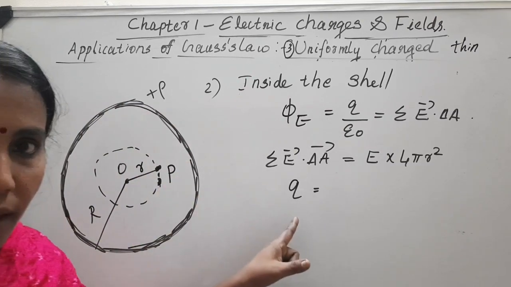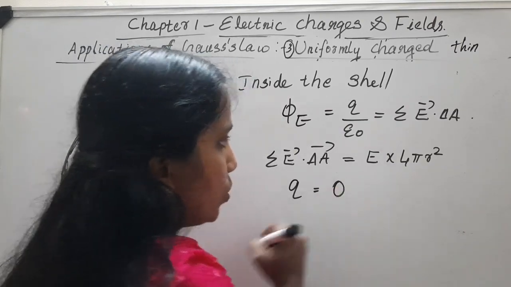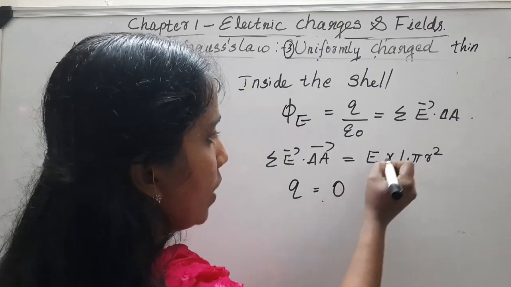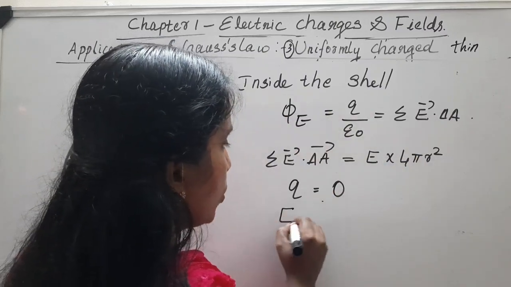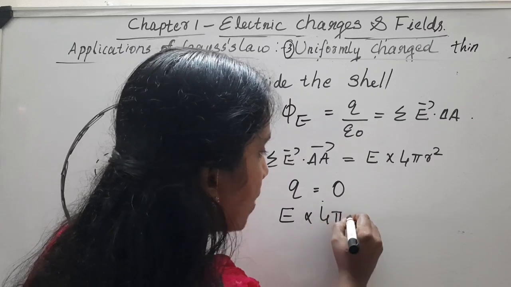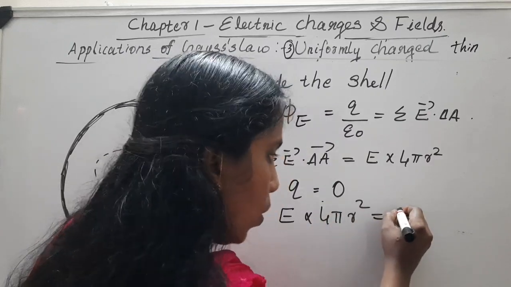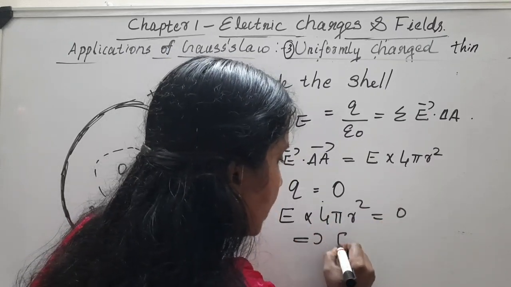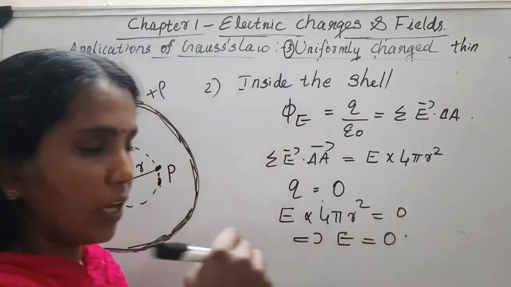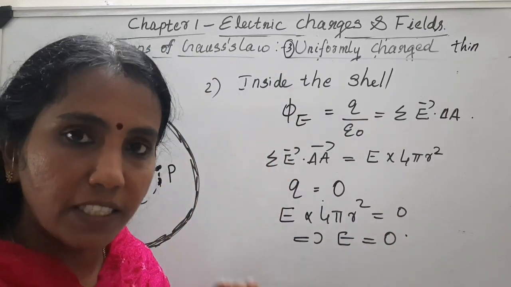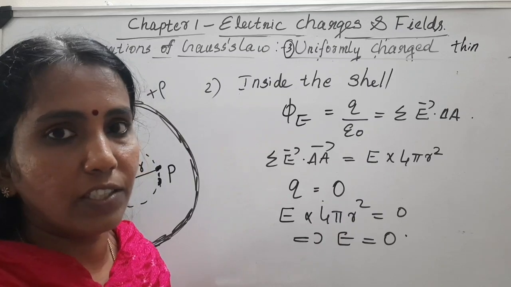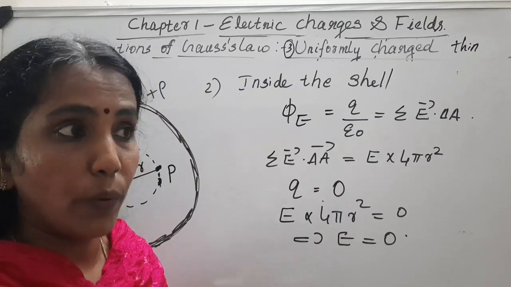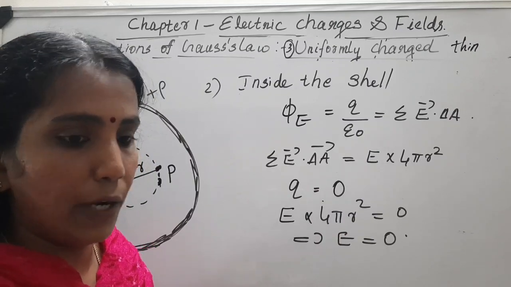So what is Q here? Q is equal to 0. Substituting in Gauss's law, we get E into 4 pi r square equal to 0. So this implies that E is equal to 0. So we got inside the spherical shell, the electric field is 0. We got outside, and we got inside also.